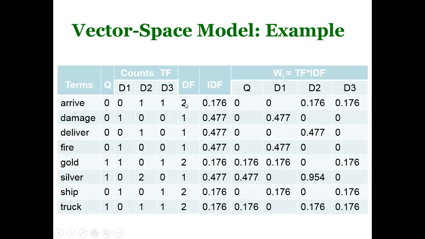So logarithm of 3 over 2 to the base 10. In the case of the inverse document frequency of damage, since the document frequency is 1, it is logarithm of the 3 total documents we have divided by 1, the document frequency of damage. So as the document frequency decreases, inverse document frequency increases.